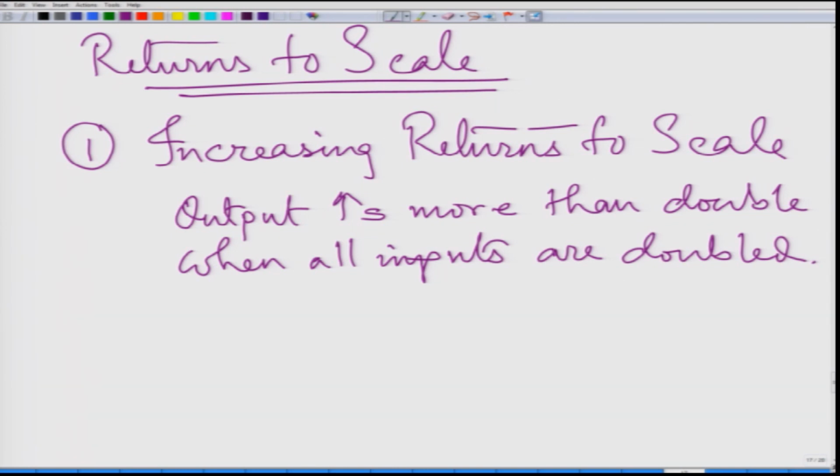That means I increase my capital: if there were 5 capital units, I take it to 10. If there are 5 laborers, I take it to 10.